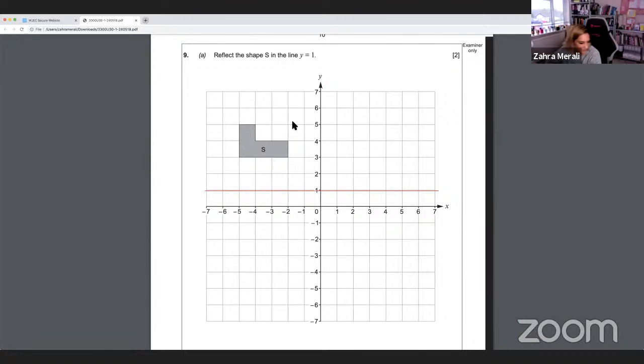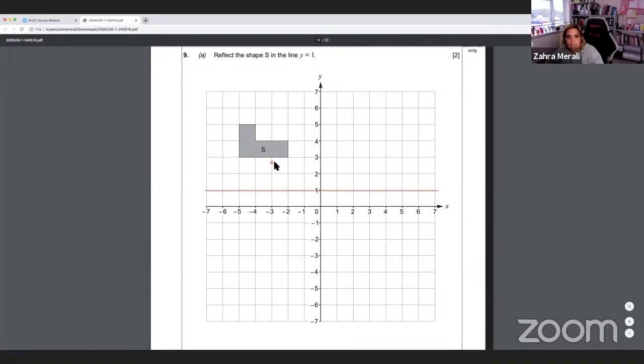Now, if you find mirroring things a bit tricky in your head, you can get a ruler with a mirror strip, which I suggest you can just put down. Or you say, okay, I'm going to count. How many squares do I have from that corner here? I've got 2 squares.